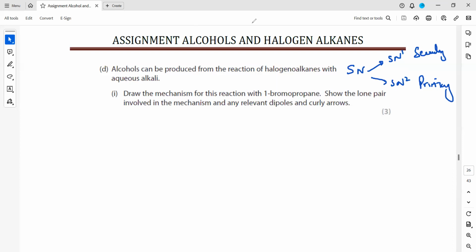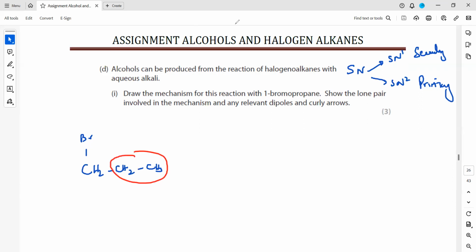First, we have 1-bromopropane. So in 1-bromopropane, bromine is attached to the first position. So we have CH2, CH2, CH3, and then bromo. So bromine is attached to the first carbon. Now, because this is a primary halogenoalkane, how is it primary? Because the carbon bonded with the halogen is surrounded by only one carbon chain.